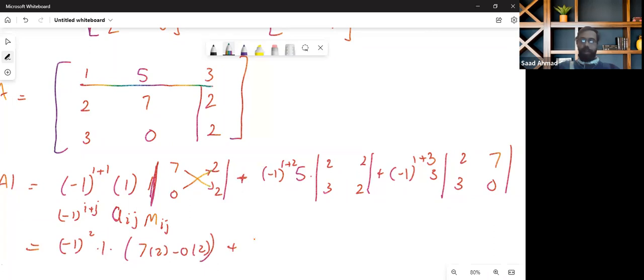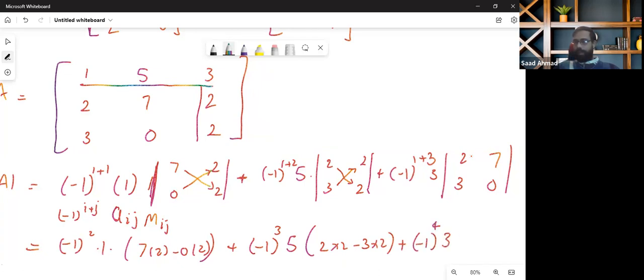Next, minus 1 to the power 3, then 5 times 2 times 2 minus 3 times 2. Then minus 1 to the power 4, 3 times 0 minus 3 times 7.